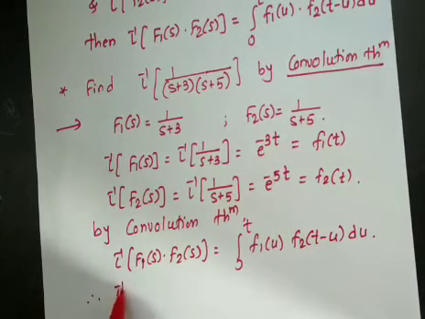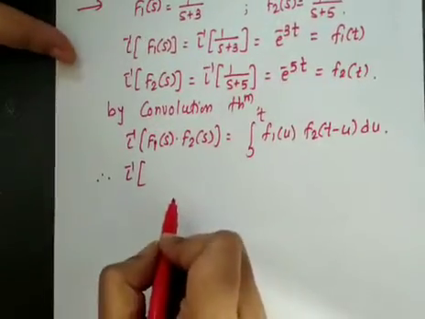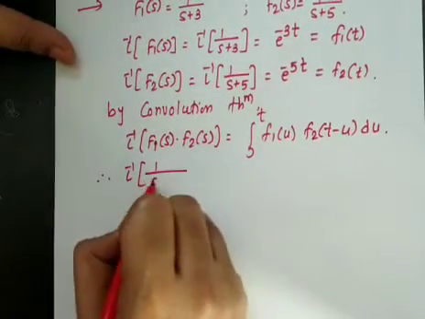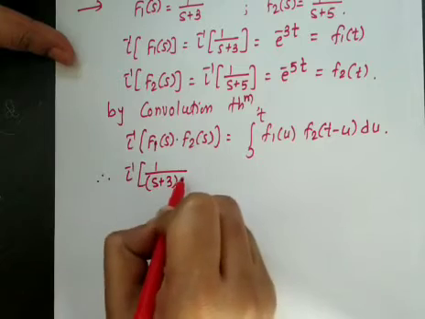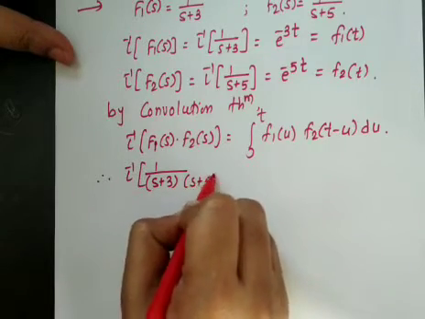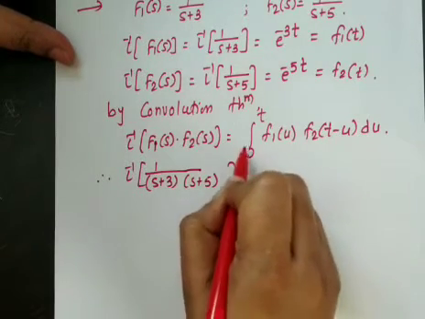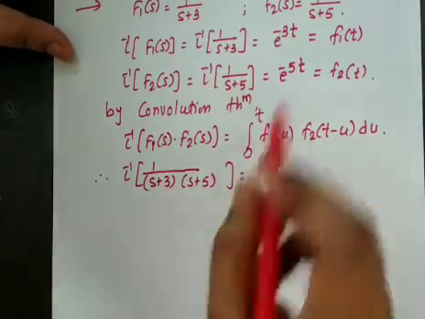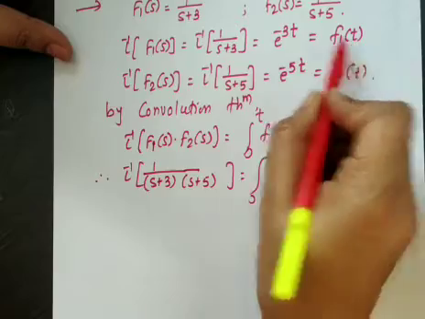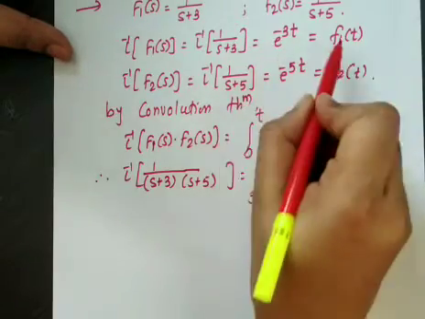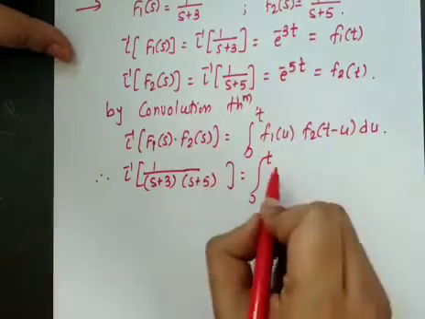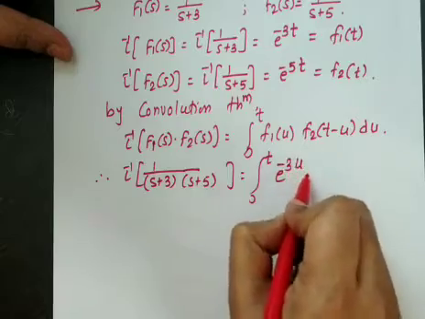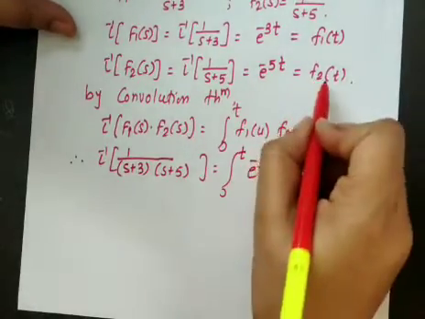That is, Laplace inverse of 1 upon s plus 3 into 1 upon s plus 5 is equal to integration 0 to t f1(u). In this f1(t), we have to put u in place of t, so we get e raised to minus 3u into f2(t minus u).